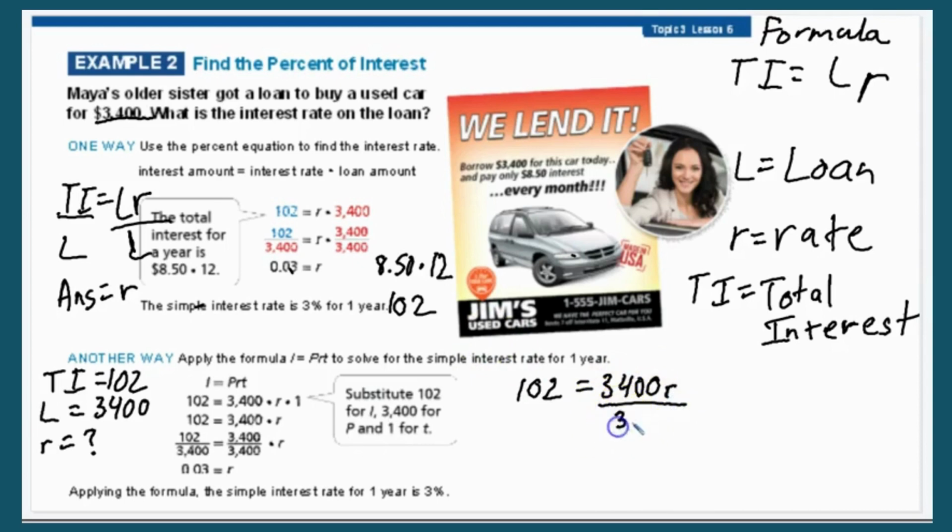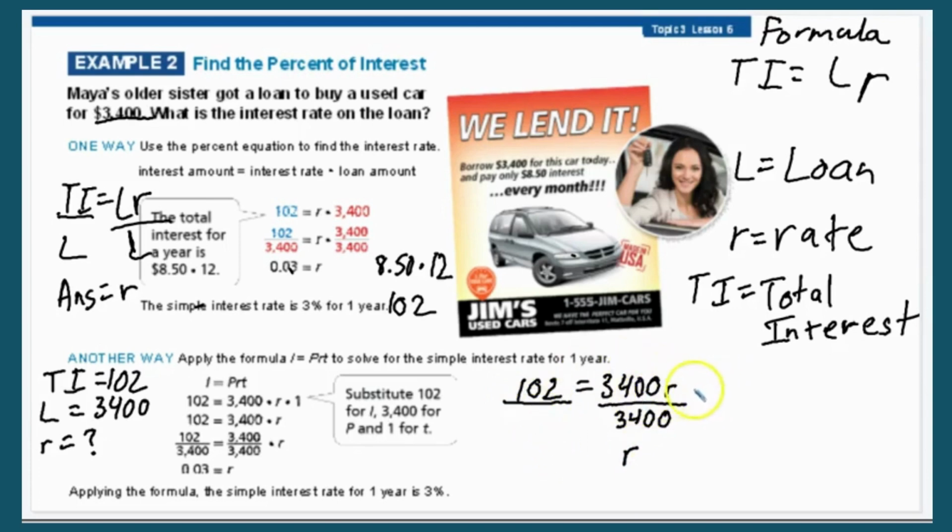So I would do 3,400R divided by 3,400. So 3,400 divided by 3,400 would leave me with 1, and that would be 1R. We don't need to put the 1 because it's there. It's just hidden, okay? It's imaginary right now, but there is a 1 there.